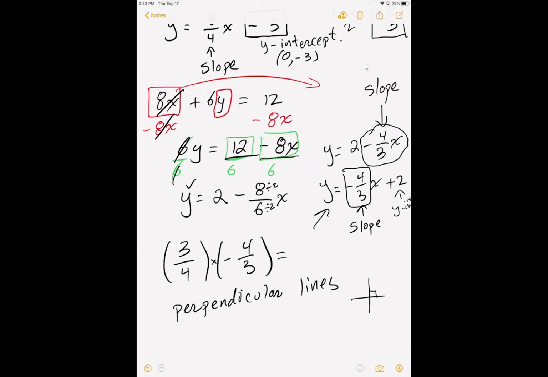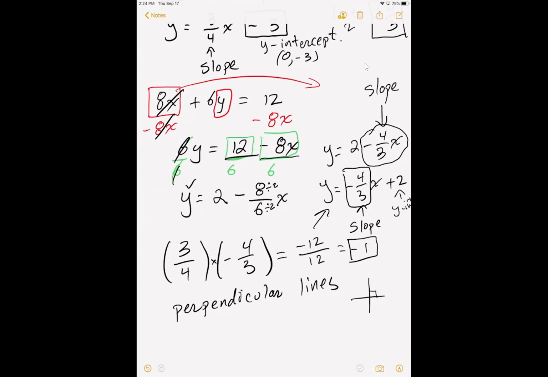Well, 3 times -4 is -12. And what is 4 times 3? Well, 4 times 3 is 12, and -12 over 12 will give you -1. That is the other formal definition of perpendicular: if you take the two slopes and multiply them, the product of the two slopes is equal to -1.